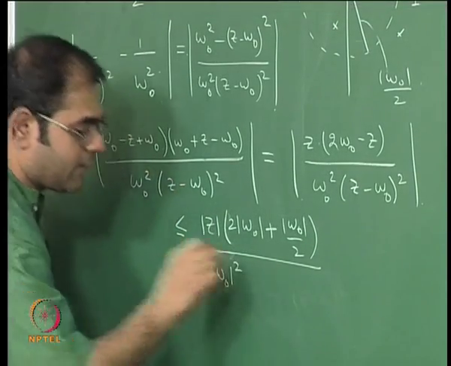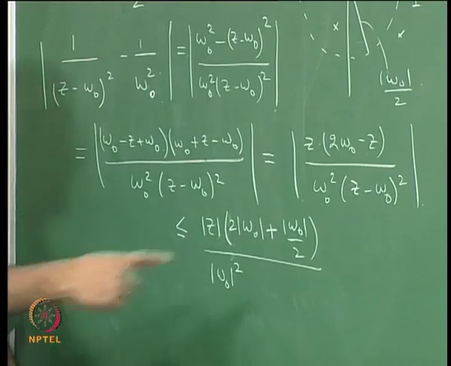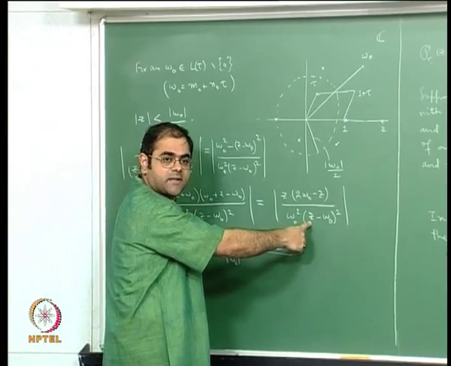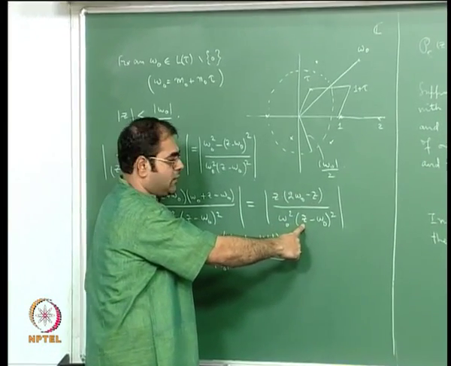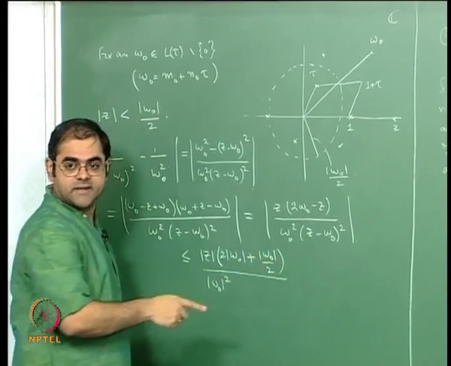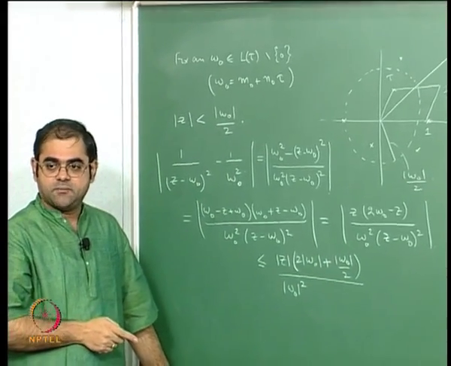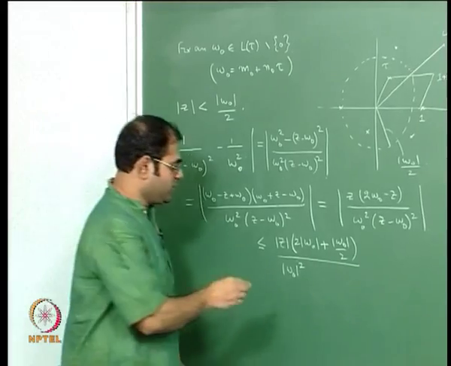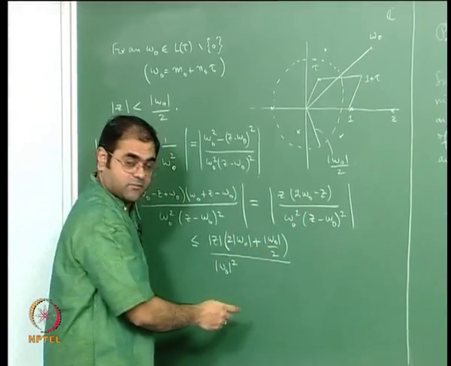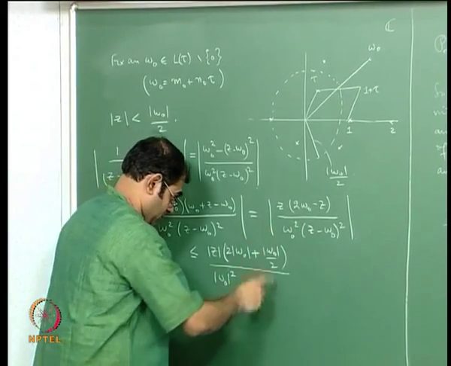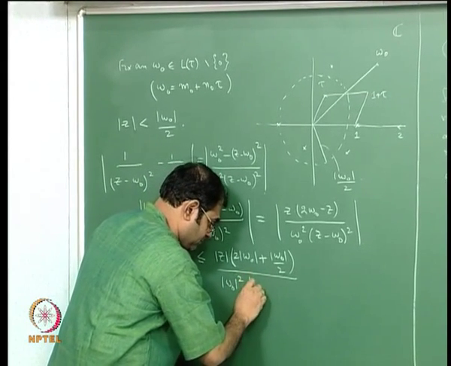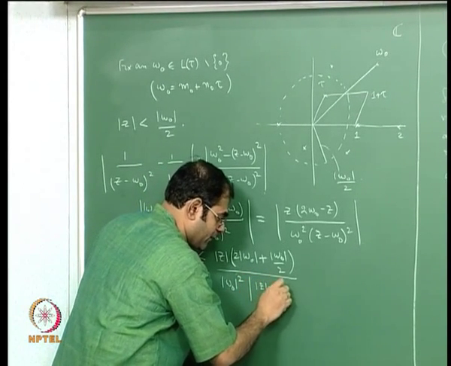Of course this omega naught squared in the denominator I am not going to worry about. And this mod z minus omega naught, by the triangle inequality, is greater than or equal to the modulus of mod z minus mod omega naught, and so the reciprocal of that will be less than or equal to the reciprocal of the modulus of mod z minus mod omega naught.